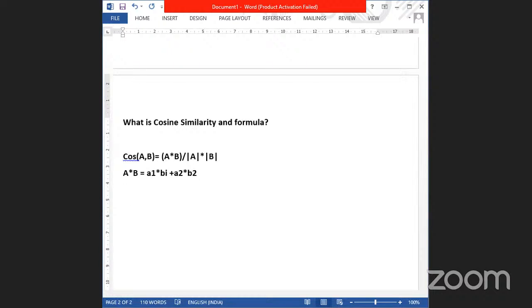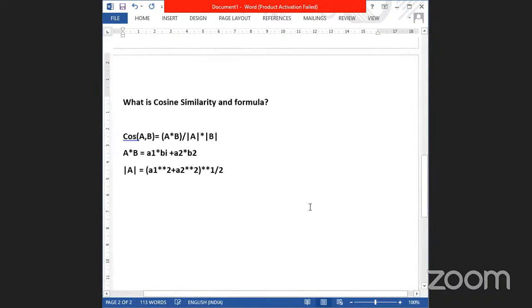And for the modulus of A, it is equal to, there will be so many things, right? A1 squared plus A2 squared, double star means square in Python, right? So that's why I am using the same thing here also, and divided by, squared, by 1 by 2 also.